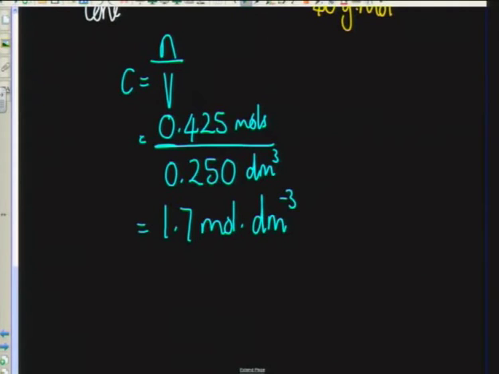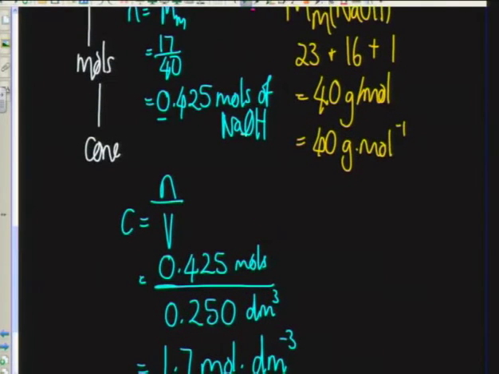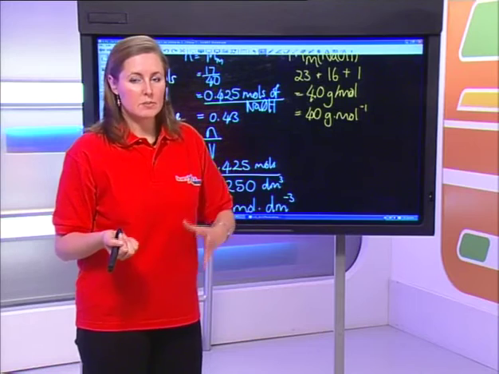Now, just a thought here. You might have rounded off your answer at this point, and that's absolutely fine. So we could have rounded off to 0.43 to 2 decimal places moles. That's absolutely fine.